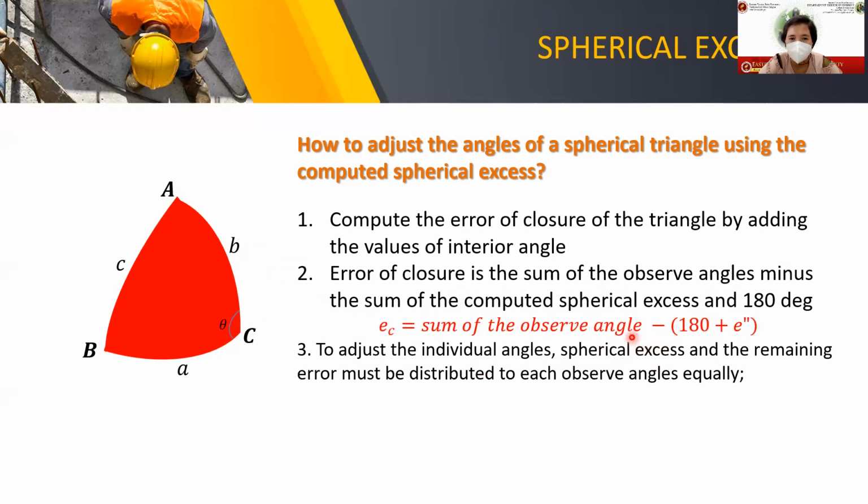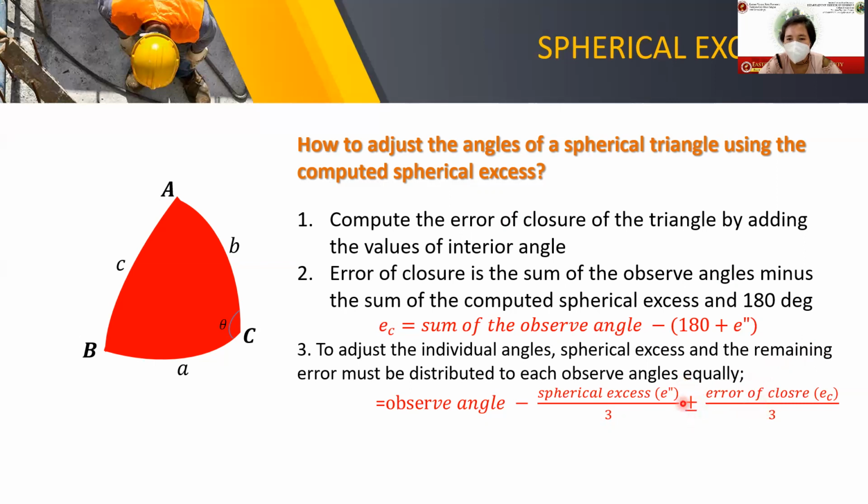So if the spherical excess is 5 seconds, you divide it by 3 since there are three interior angles. Finally, we can determine the adjusted values of A, C, and B: observed angle minus spherical excess over 3, plus or minus error of closure over 3.